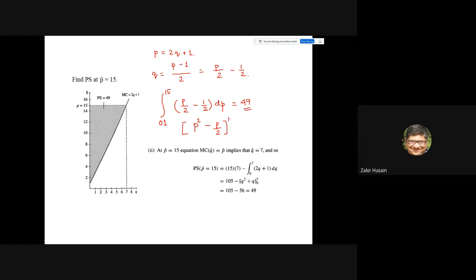So first you have to evaluate it at 15. So this is 225 by 4 minus 15 by 2. This becomes 1 by 4 minus half.